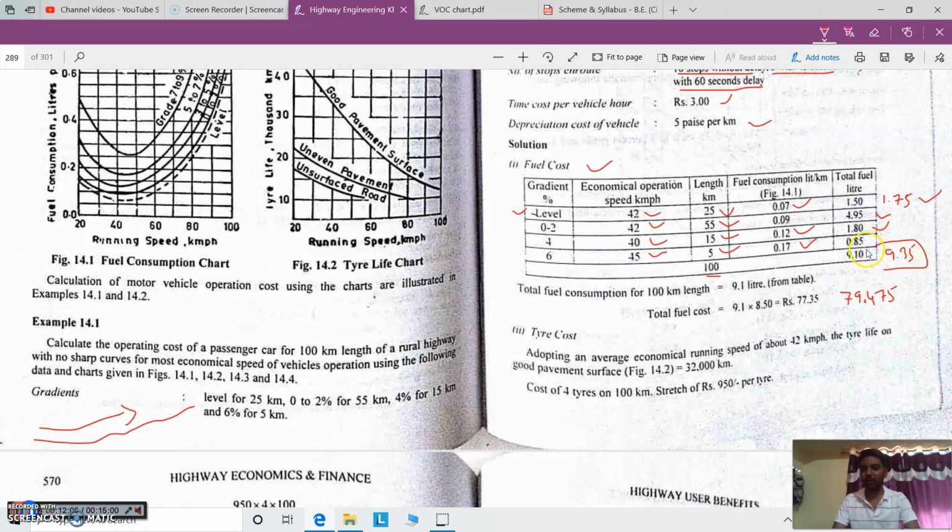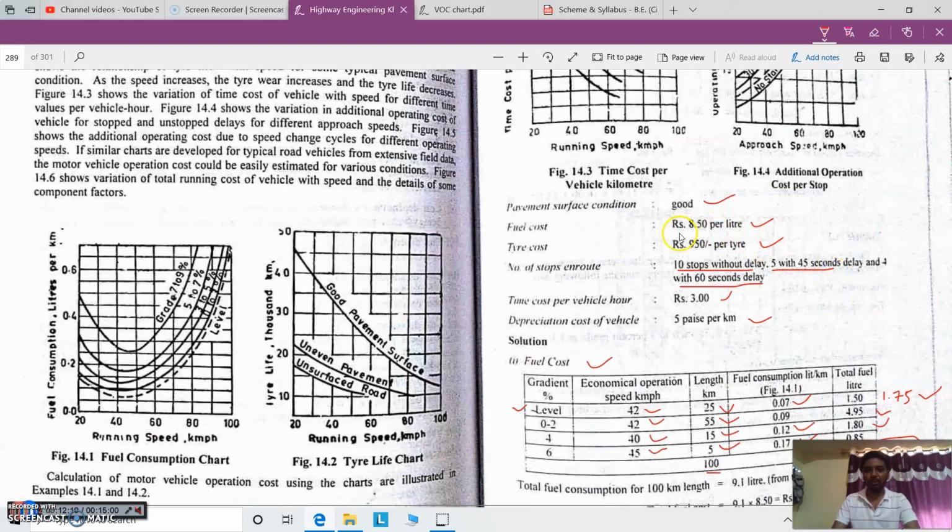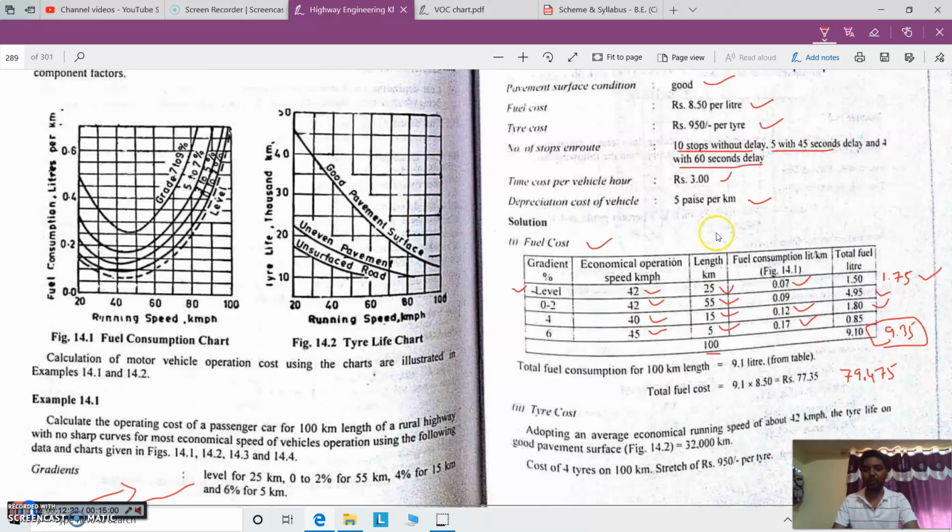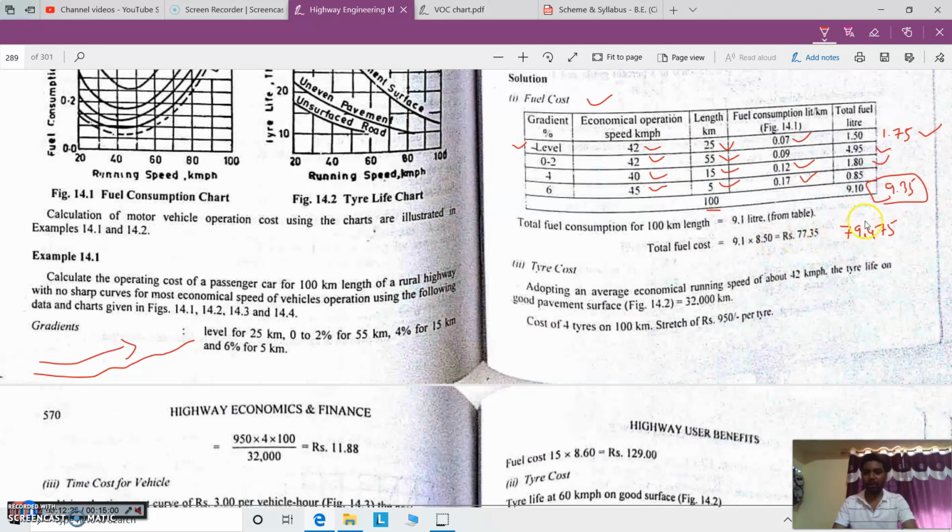The total fuel consumption is summed up: 1.75, 4.95, 1.8, and 0.85, which equals 9.35. The fuel cost is given as 8.5 paise per liter, and it is multiplied with the total fuel consumption, that is 9.35 liters needed to travel 100 kilometers within different gradients, right? So 9.35 into 8.50 gives 79.475 rupees.